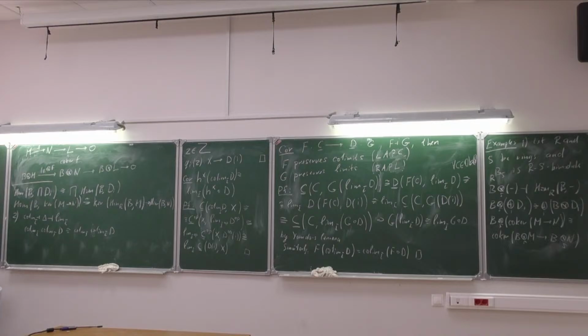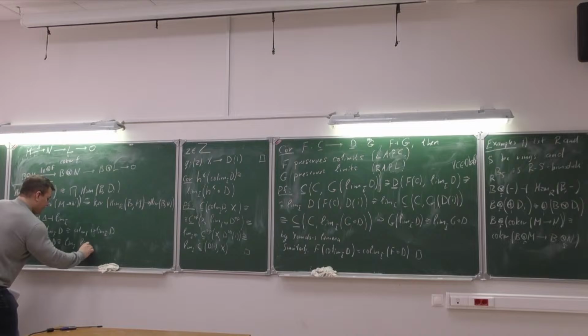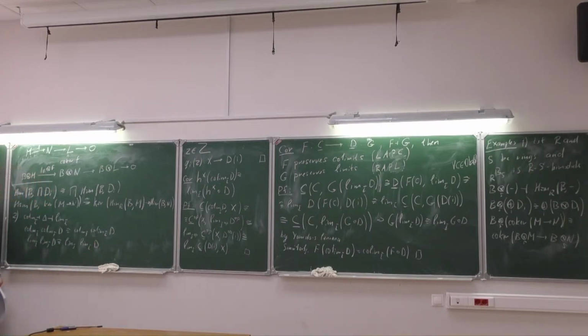And the same you can do for the limits. So colimits always commute with colimits, and limits always commute with limits. This is just by the adjunction.